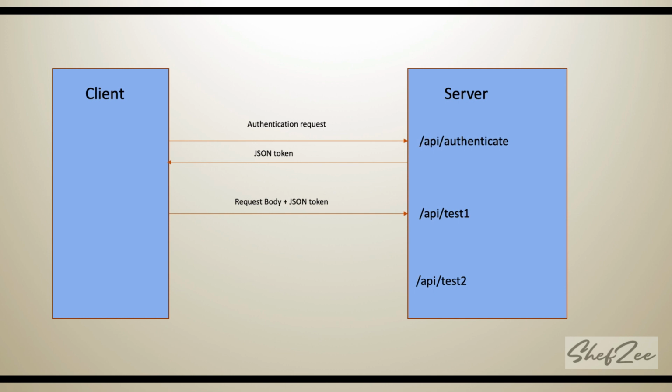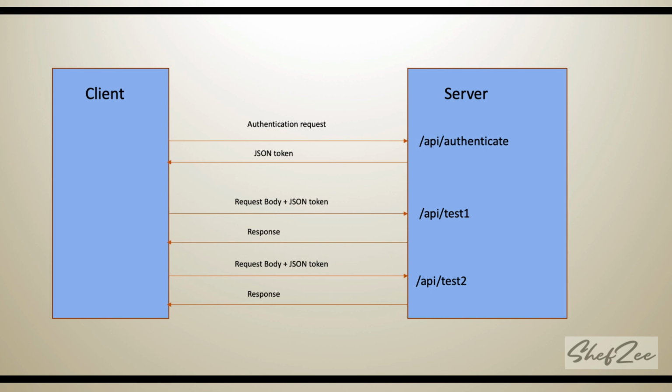The server will parse the JSON token and see whether the user is an authenticated one, and then it proceeds with the response. Same way, if the client wants to access another API, again it will just send the JSON token, and if the token is still valid, it will send back the response. So this is the basic flow of the JWT authentication process.